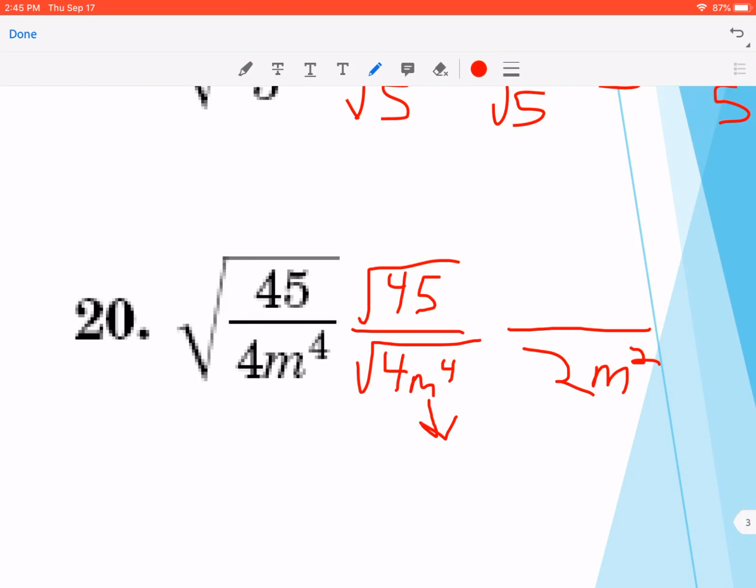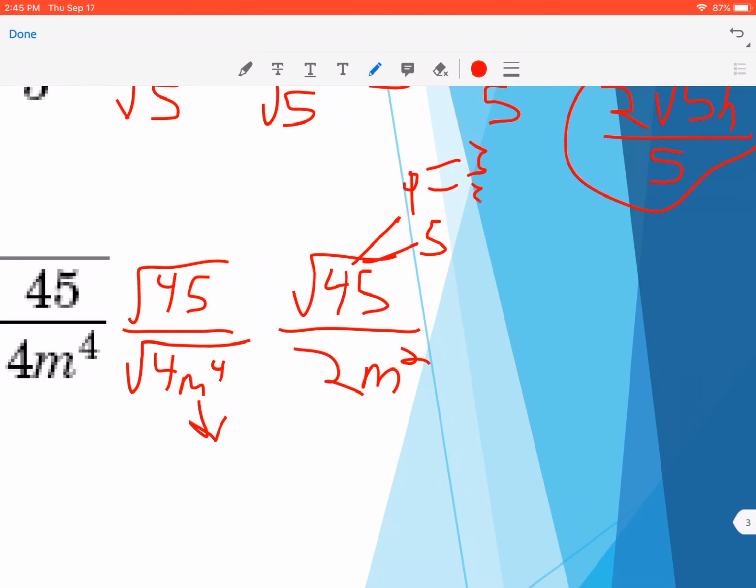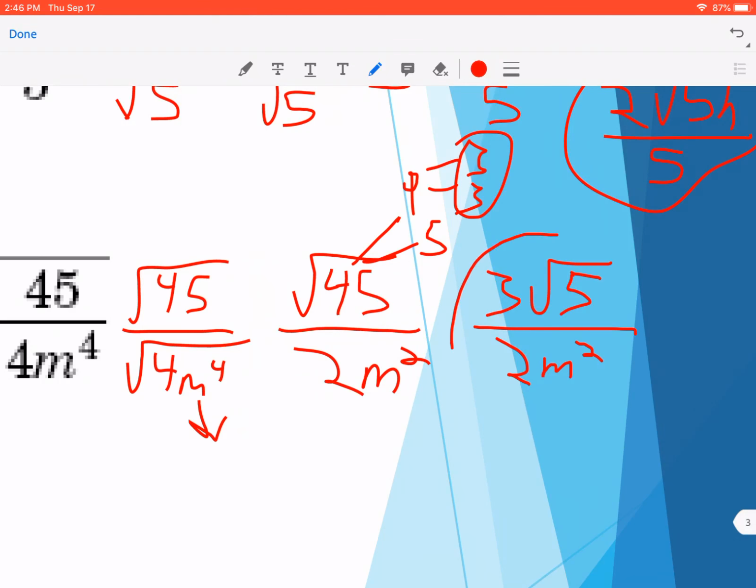So your answer is the square root of 45 over 2m squared. The only question is, can you simplify the square root of 45? Well, shouldn't we use 9 and 5? If I use 9 and 5, I get a pair of 3's. There's my 3. So 3 on the outside, 5 on the inside, over 2m squared. And that's the best we can do.